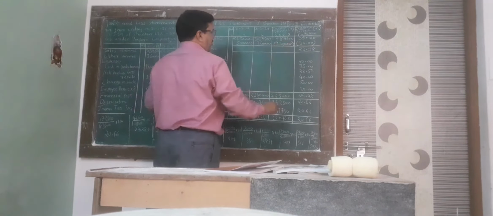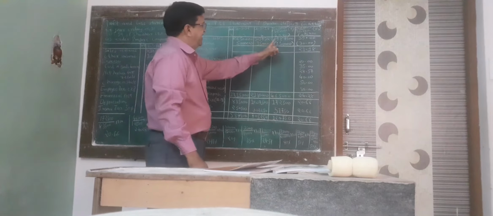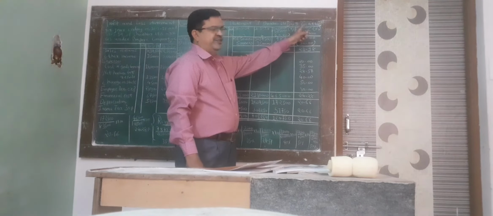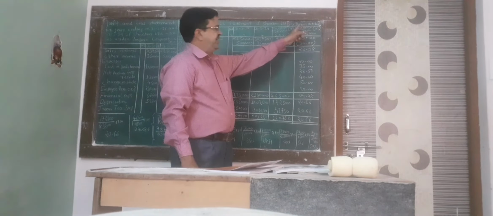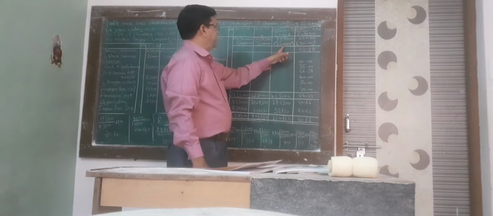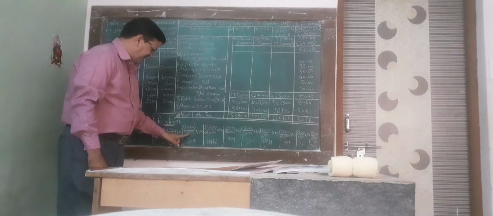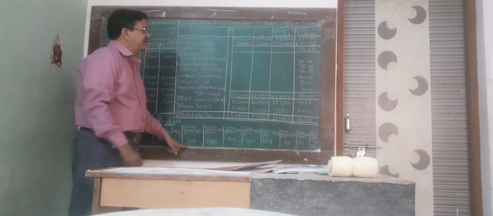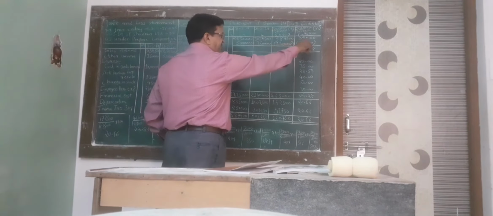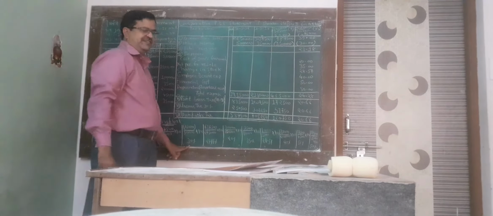A minus amount is always shown in brackets according to the Companies Act. So 1 lakh 50,000 by 5 lakhs into 100 is equal to 30%, shown in brackets because there is a decrease.